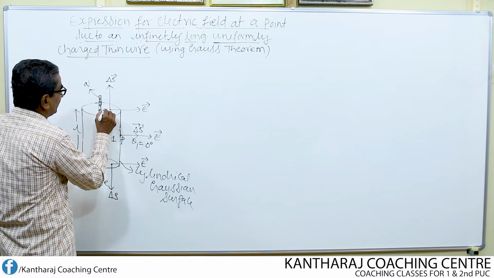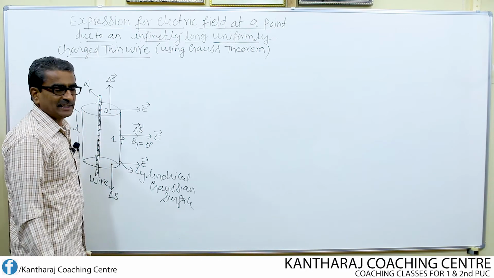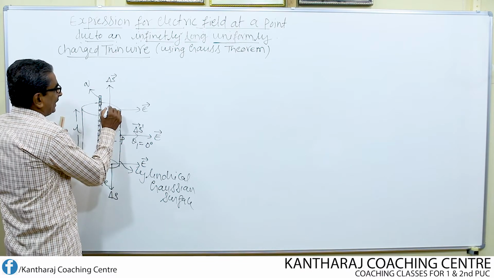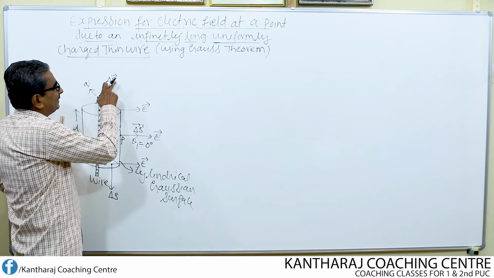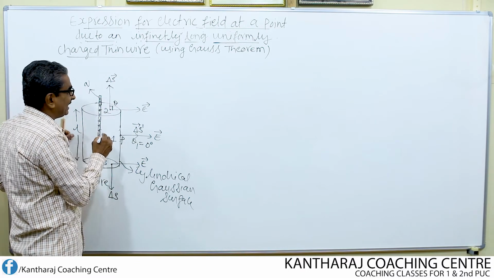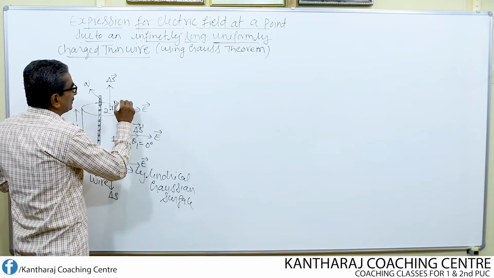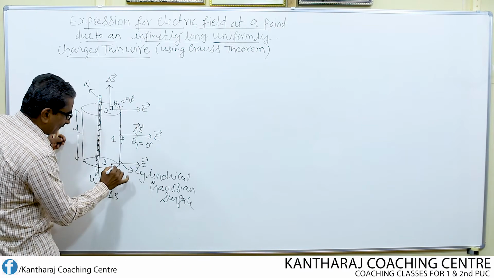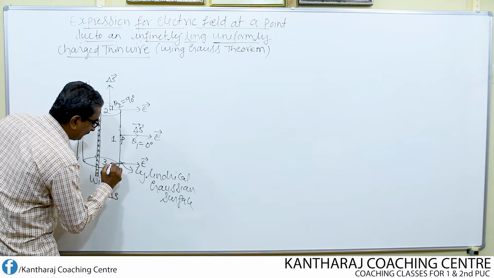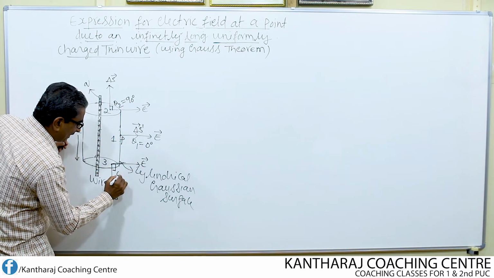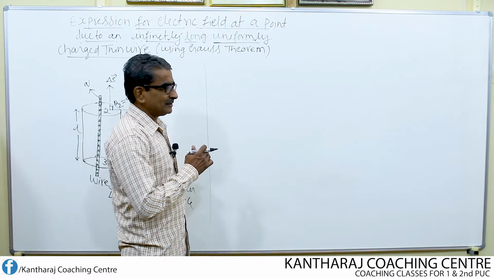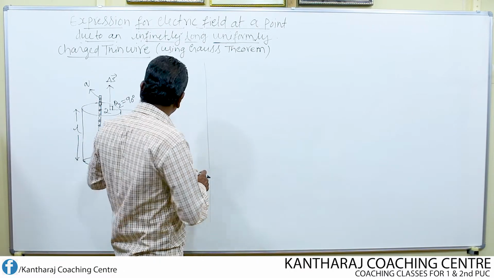At phase 2, what is the angle between the electric field and the area vector? Let us consider the angle as theta 2, which is equal to 90 degree. Once again here, at phase 3, what is the angle between the electric field E and the area vector? It is theta 3 equal to 90 degree. Flux through end phase 1.